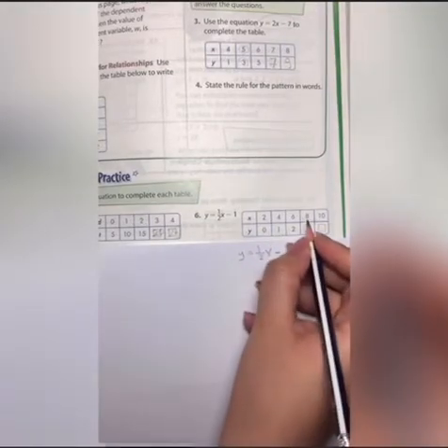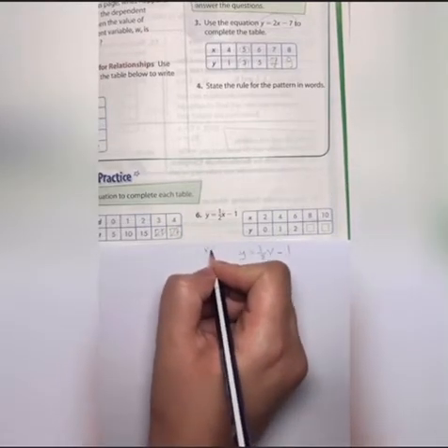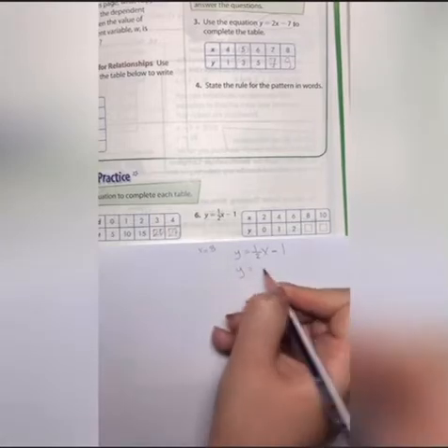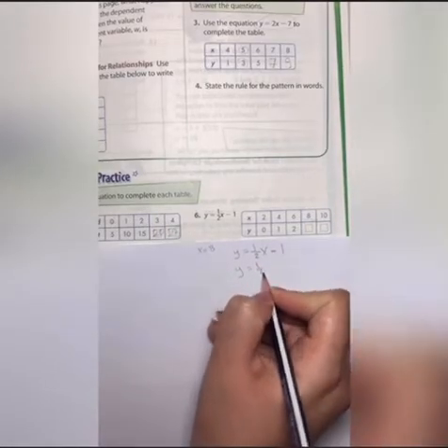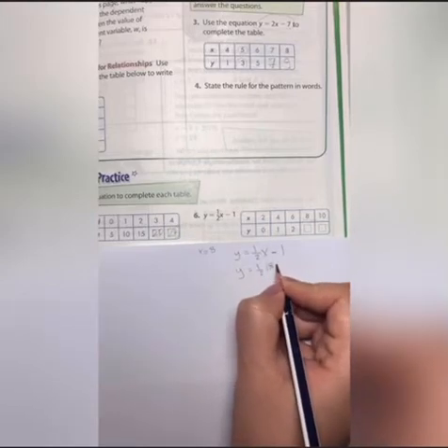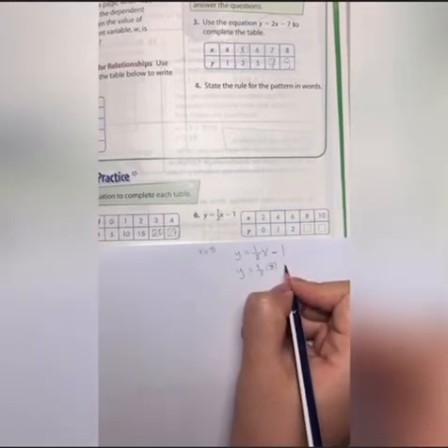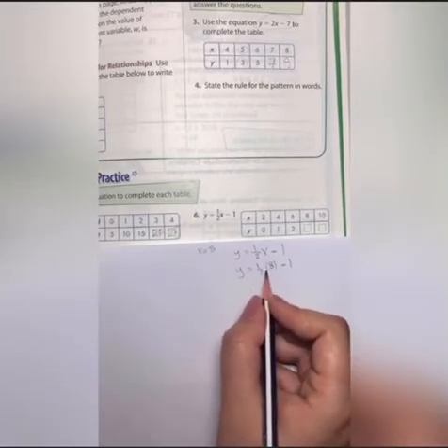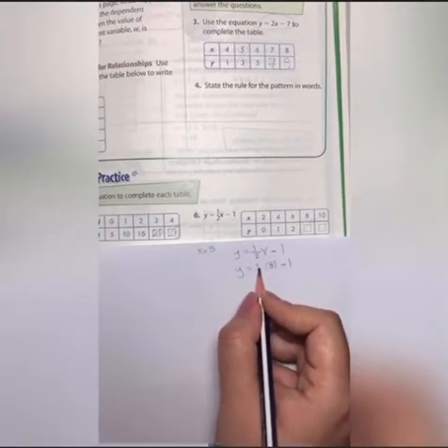If x equals 8, we have y equals 1 over 2 times x minus 1. Again, instead of x we would write 8, minus 1. Now, this is a multiplication between those numbers.